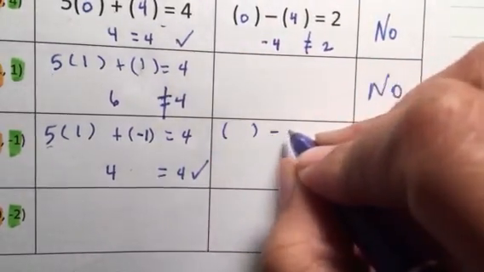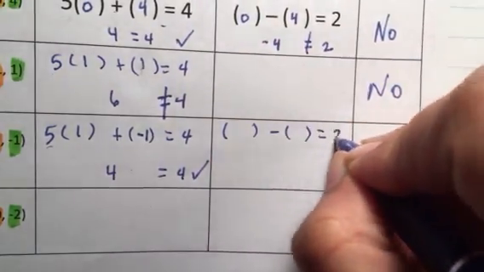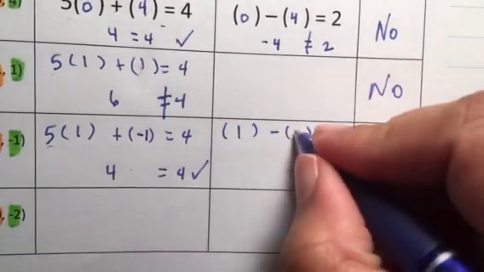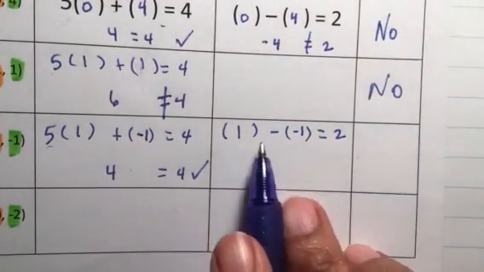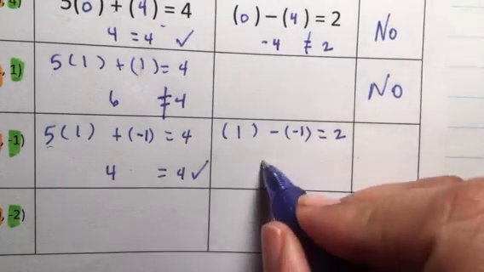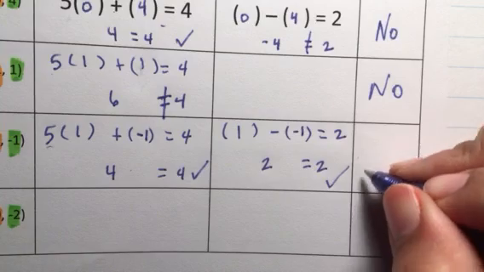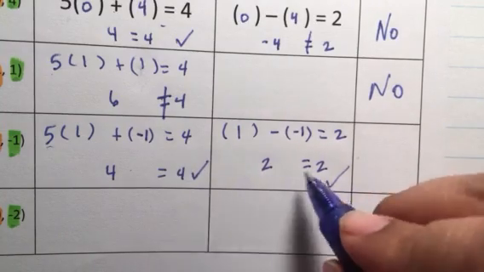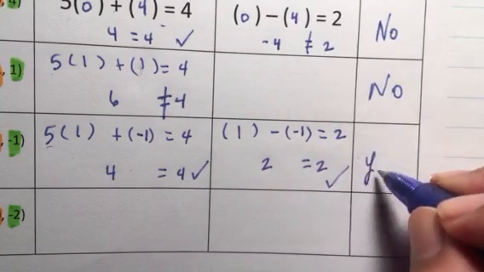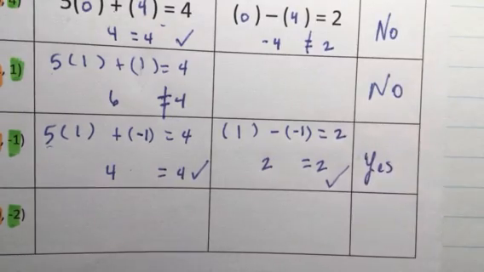Minus y equals 2. So 1 minus negative 1. I put this in the calculator, it gives me 2. Does 2 equal 2? Yes, it does. Since both of these are true, this is a solution.